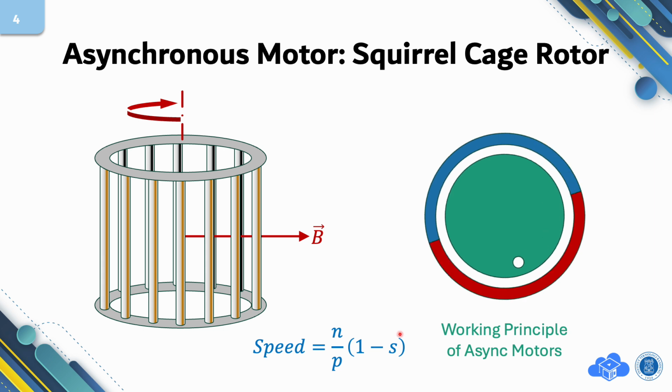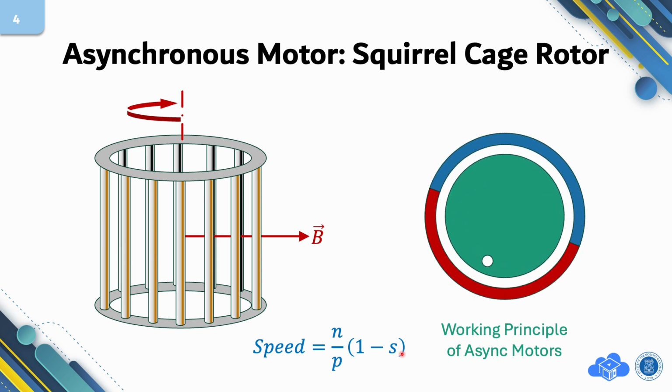So that's why we introduce the term slip, denoted by S. The total speed of the motor will be N per P, where N is the synchronous speed, P is the pair of poles, and S is the slip, which ranges around 3 up to 5%.